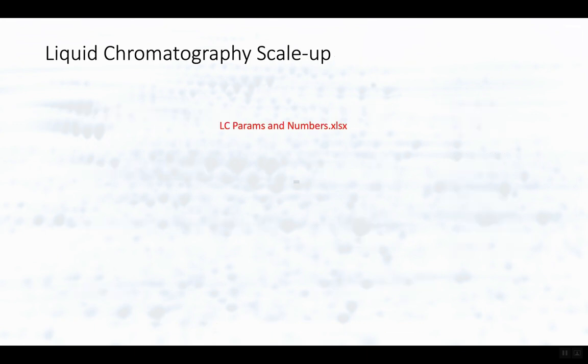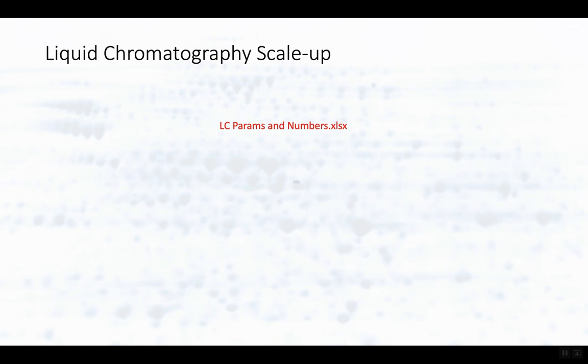All right. As I've done in previous lectures and in the book, I've put together a spreadsheet to make things easier, so you can optimize and scale up, and see how I should design a column given a condition that's working at the laboratory.